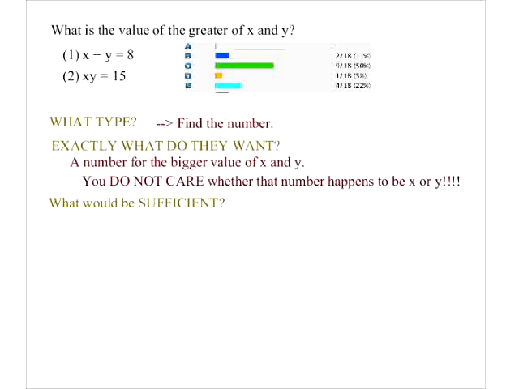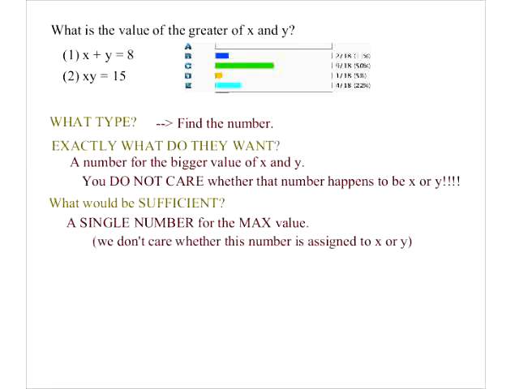Yeah, that's a pretty good summary. A couple of you are typing, so I'll see what you finished typing here. What would be sufficient would be a single number for the maximum value. Again, all that matters is a single number. We don't care whether this number is assigned to x or y. What would be insufficient?